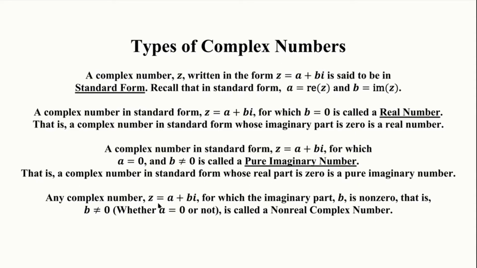Now, any complex number z equals a plus bi for which the imaginary part b is not 0, that is b not equal to 0, and this is true whether a is 0 or not, is called a non-real complex number, because it has an imaginary part that is not 0. As long as b is not 0, you're dealing with a non-real complex number, okay?